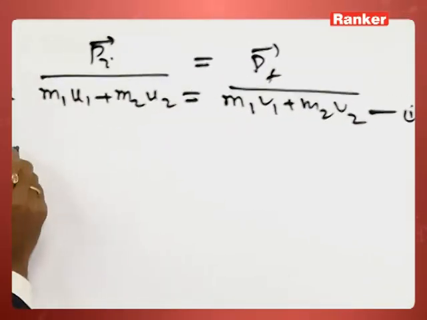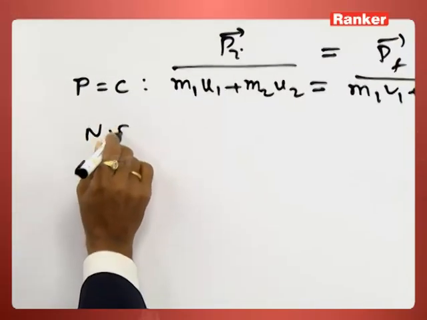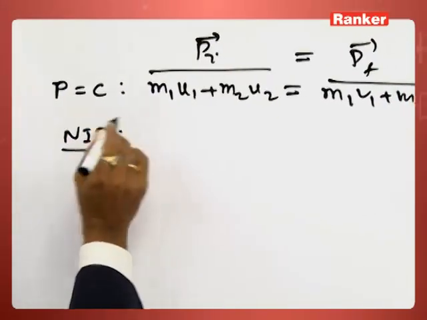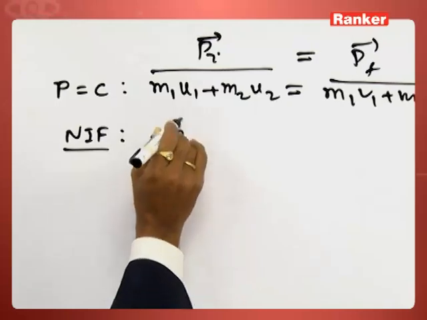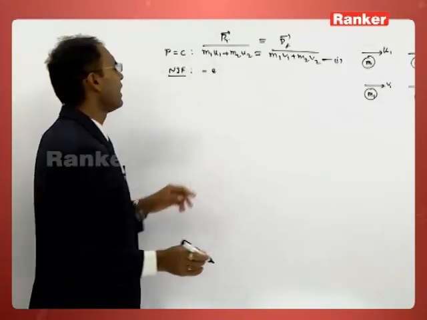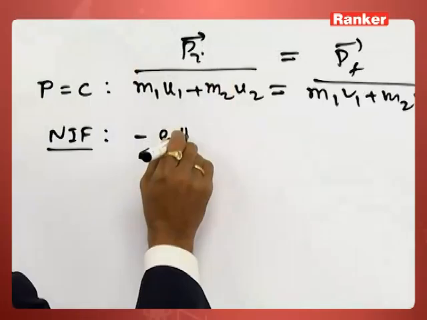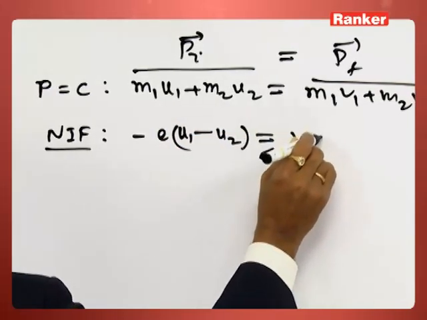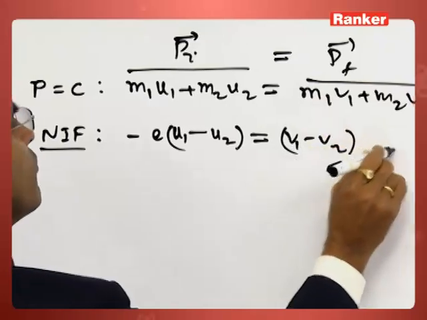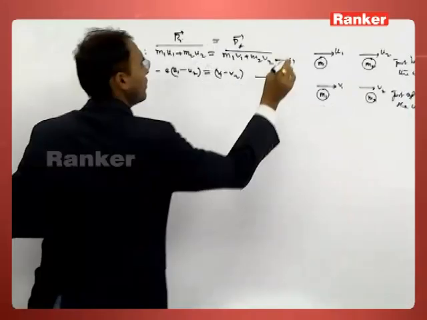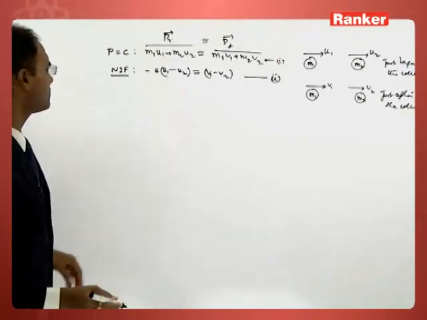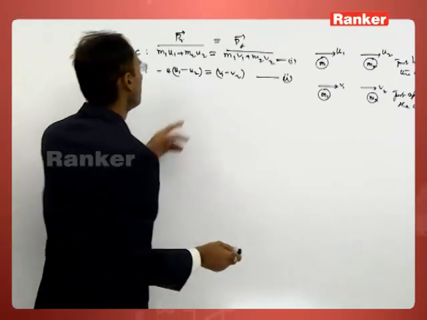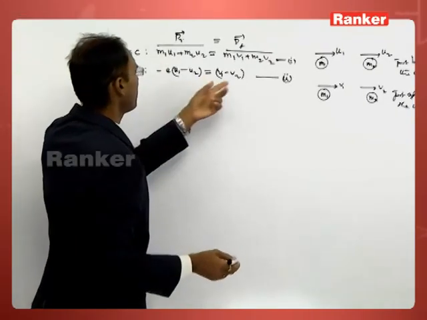Next, Newton's empirical formula states that minus e, the coefficient of restitution, into u1 minus u2 is equal to v1 minus v2. Regrouping these equations, we have to solve for V1 and V2.